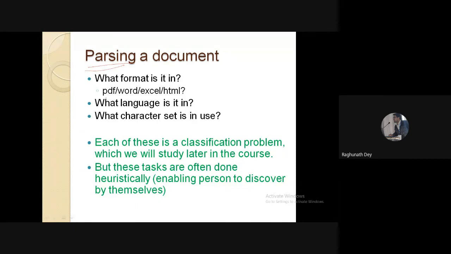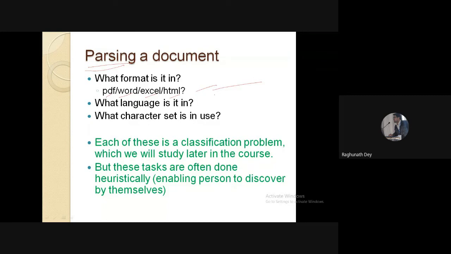One document may be PDF, one may be Word, one may be Excel, HTML, or there are 1,000 types of files. So we need to build such a system which is able to handle these different formats, different types of input documents. This is the first issue, which is also a challenging task, which is also a research topic.